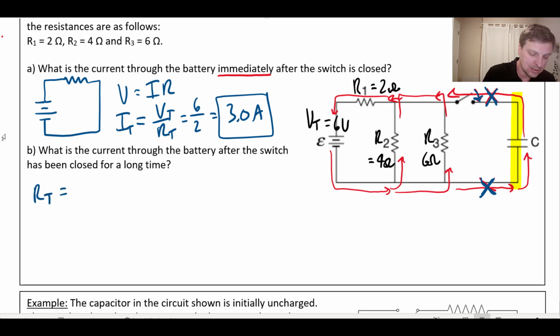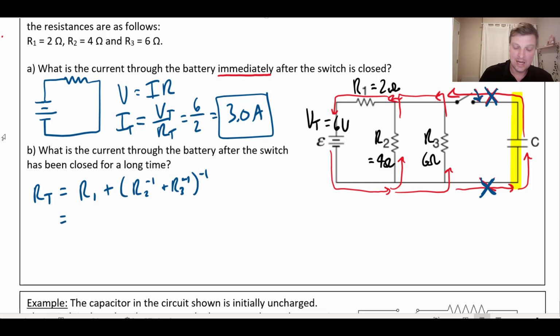The total resistance is going to equal R1 plus the inverse of (1/R2 plus 1/R3), that is, R1 plus (1/R2 + 1/R3)^-1. So that's a resistance of 2 plus 1 over (1/4 + 1/6), and 1 over that is going to be a value of 3. And so my total resistance is going to be effectively 5 ohms.